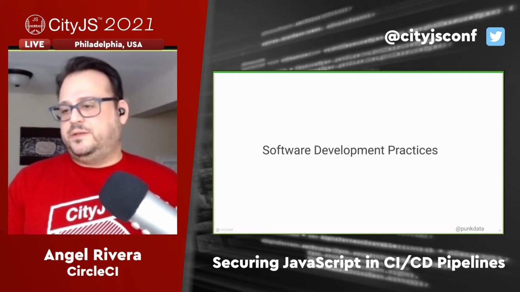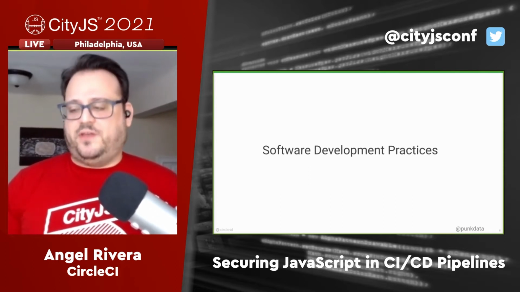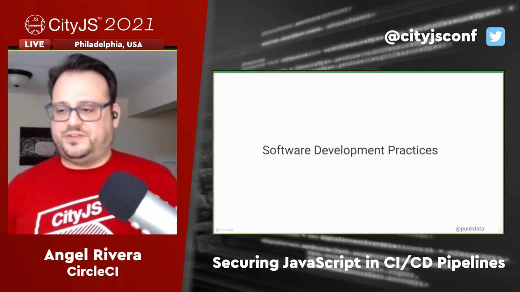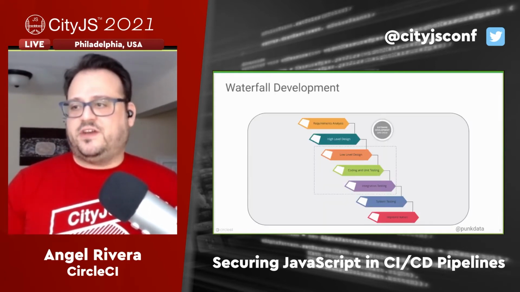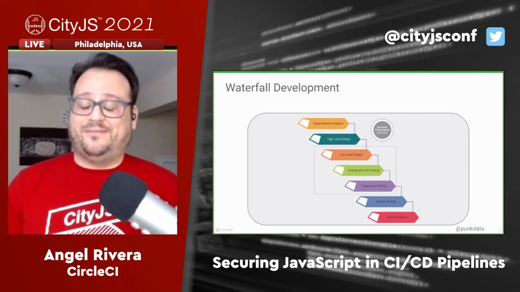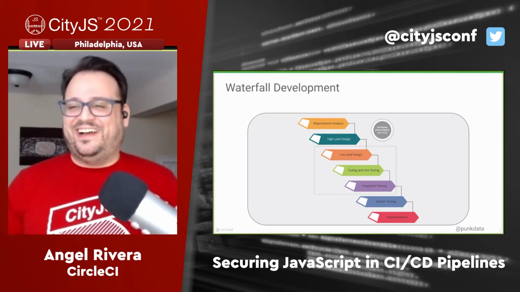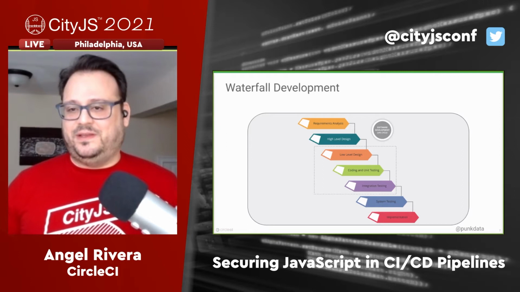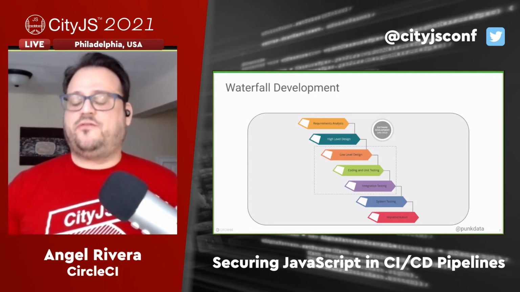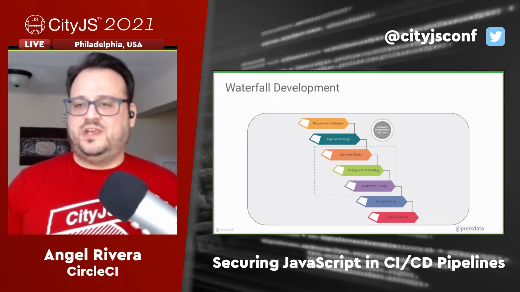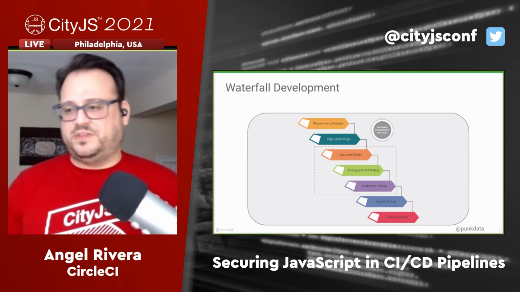So I'm going to focus on software development practices, the way that we build software. When I started building software many, many years ago, I came into the industry when waterfall software development processes or methodologies were pretty much dominating the way we built software.